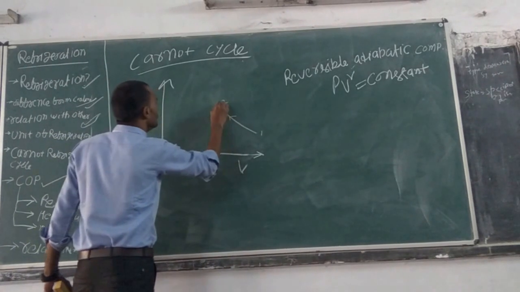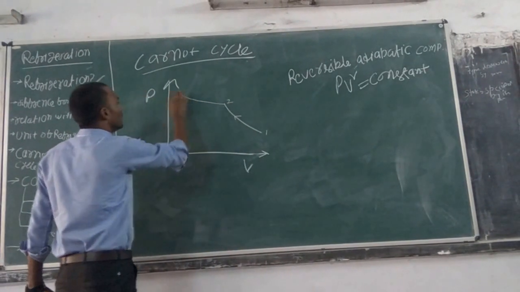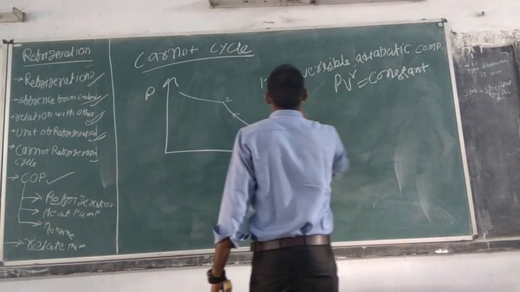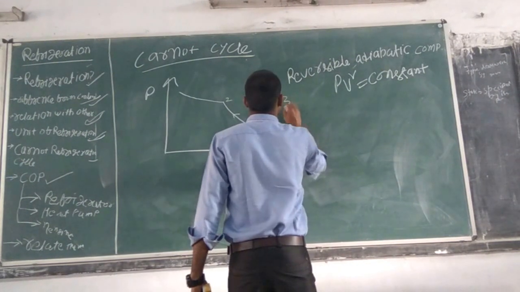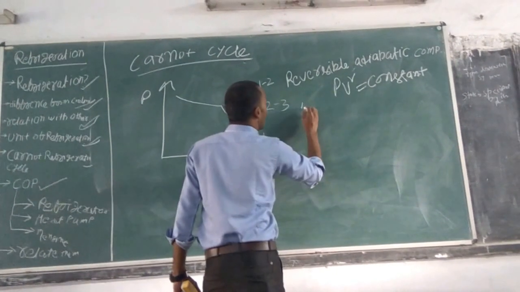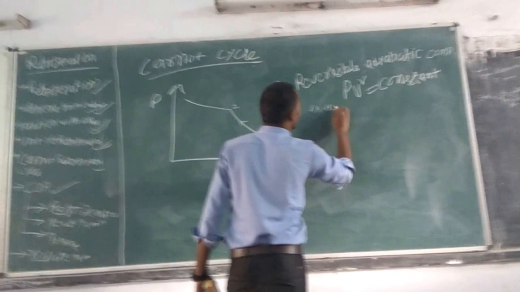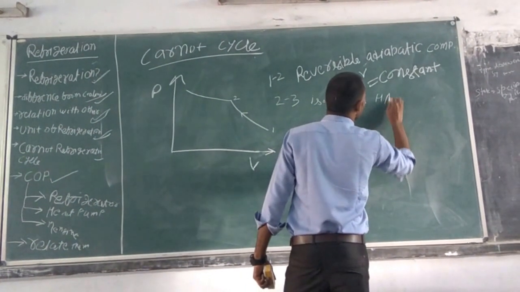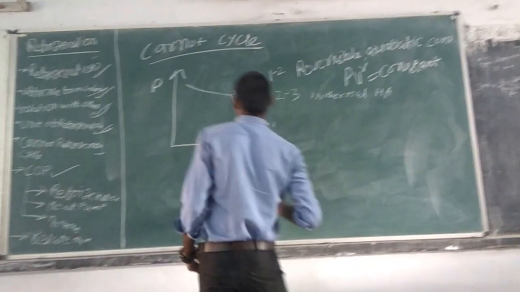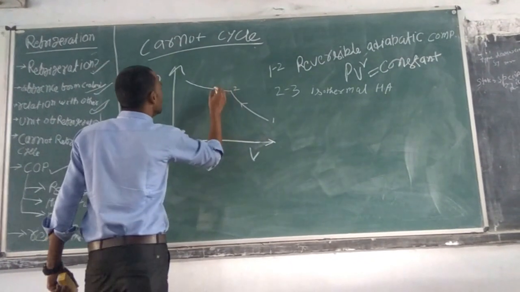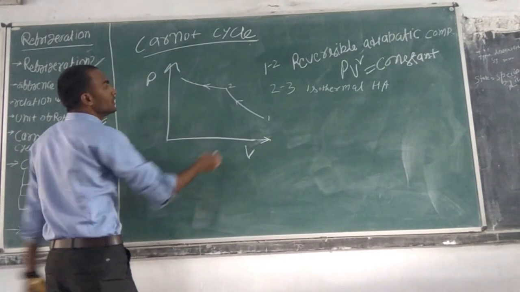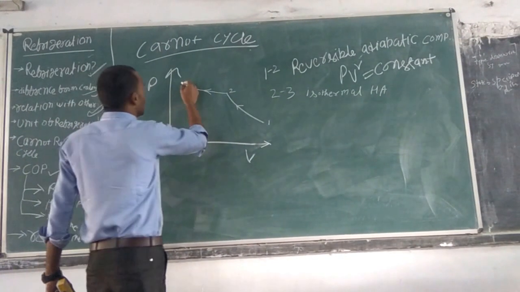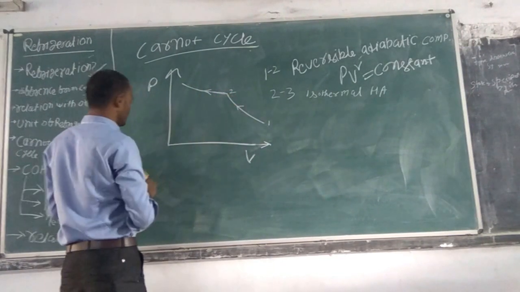From 1 to 2, it is reversible adiabatic compression. From 2 to 3, it is isothermal heat addition. As we know, in the PV diagram, reversible adiabatic process and isothermal process both are curved, not a straight line.